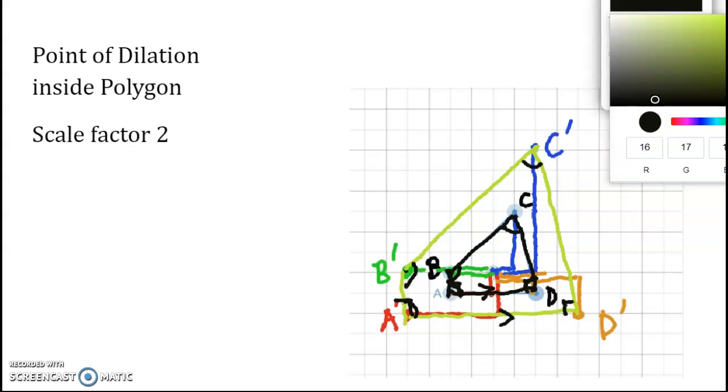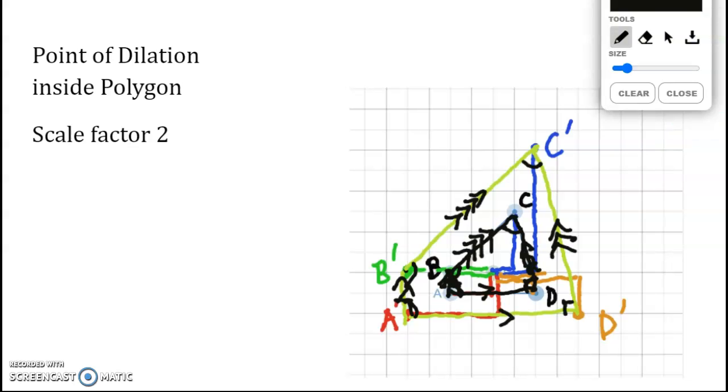These two lines are parallel to each other, and these two lines are parallel to this line, and this line and this line are parallel, and these two are parallel. So the corresponding sides are parallel to each other, and the angles are preserved. That's what I want you to notice when you do your dilations.